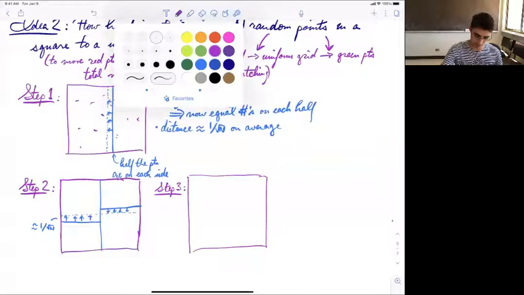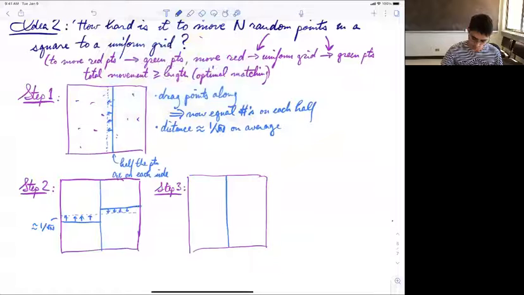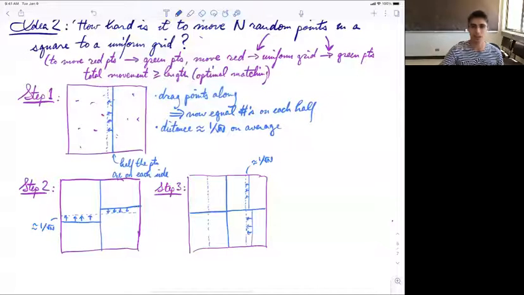Step 3: we maybe have to drag this side this much, this side this much, and again, it's about 1 over root n. As we do this, we keep splitting things up.